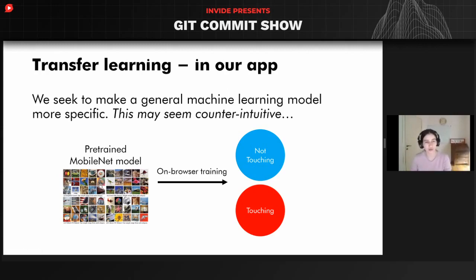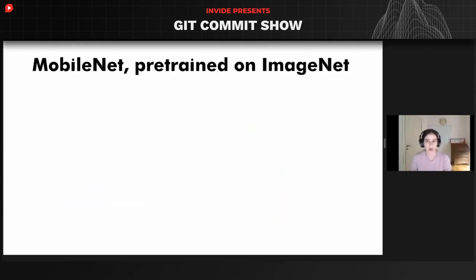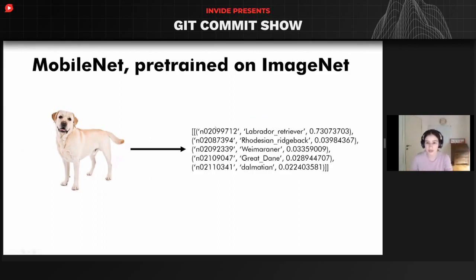So to illustrate how this works, I'm going to take a simpler example of taking an image of a dog and outputting, is it a large dog or is it a small dog? So suppose we have an image of a dog and we feed it into MobileNet. It outputs this set of categories.